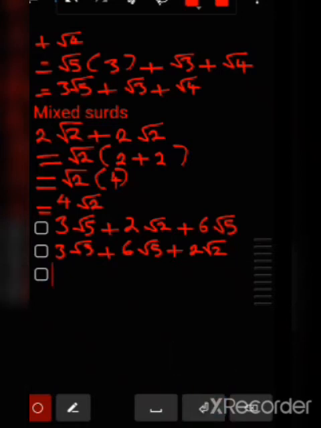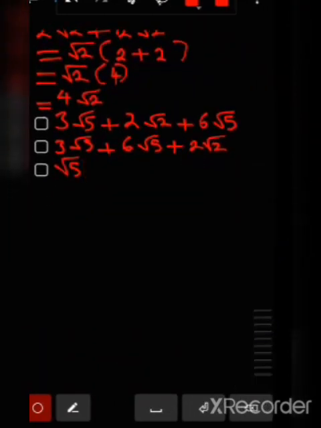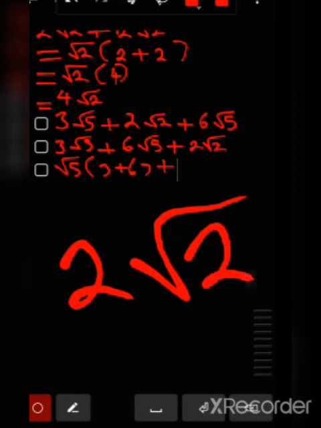Then I'll factorize the common radical, which is root 5. When I factorize there, I'm going to remain with a 3 that side plus 6 in brackets, then plus 2 root 2.